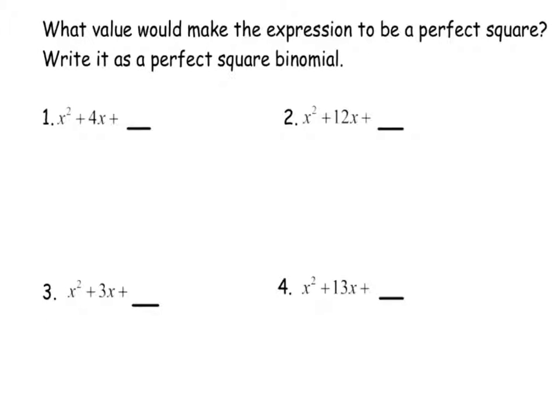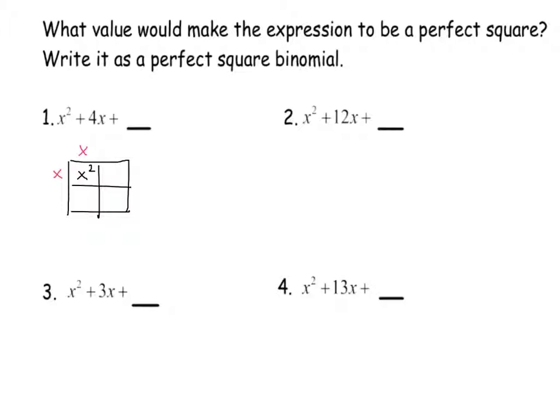On this slide, we are going to figure out what numbers we have to place on the blanks right here in order to make a perfect square binomial. So on the first one, I'm going to show you again with the box that if I write x squared over here, I will have a side length of x and x.